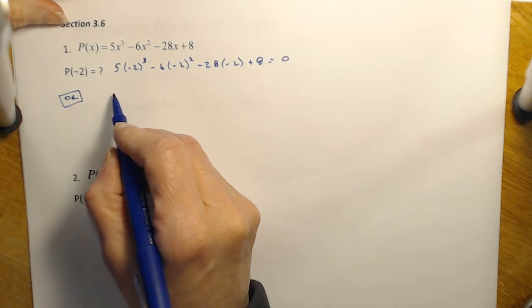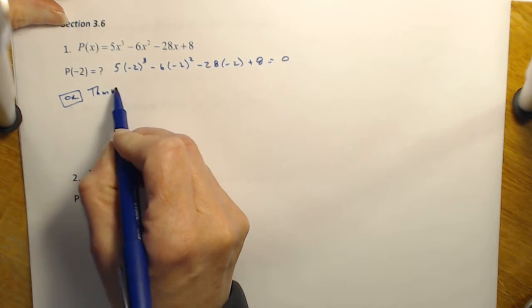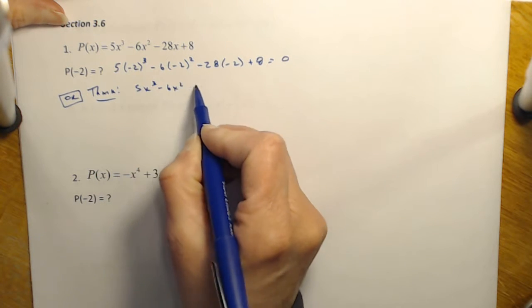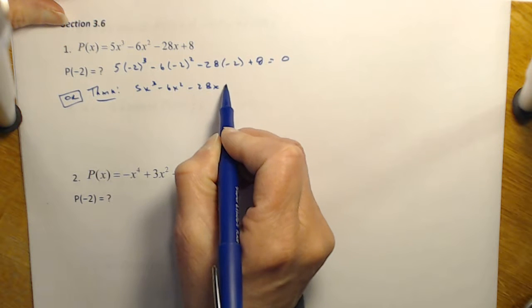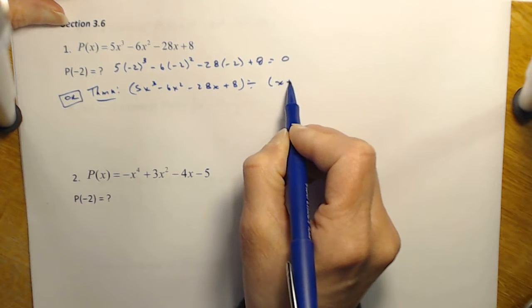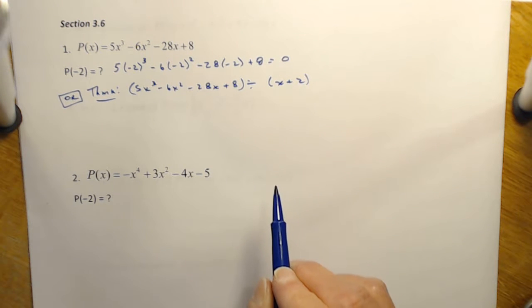So synthetic division, we're going to think of it as dividing 5x cubed minus 6x squared minus 28x plus 8 divided by x plus 2. Remember, if you have x plus 2, then the 0 would be the -2.